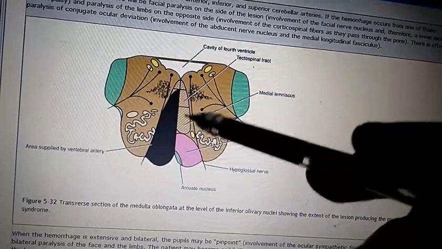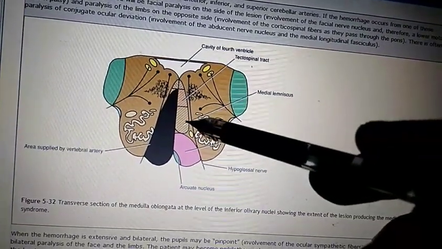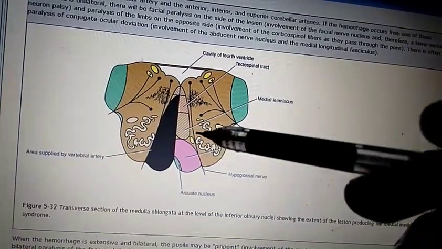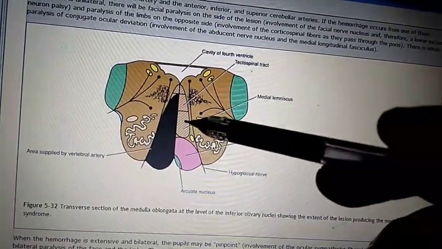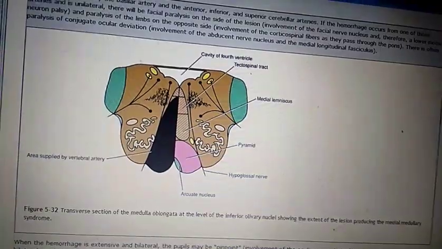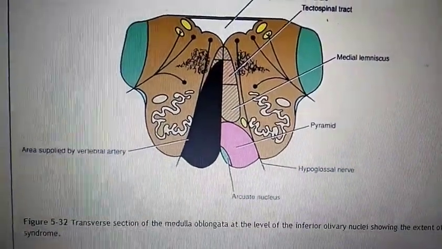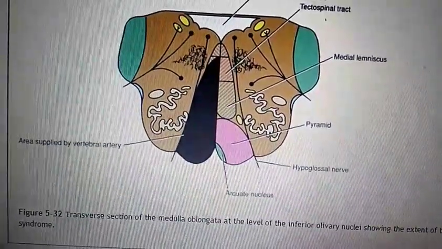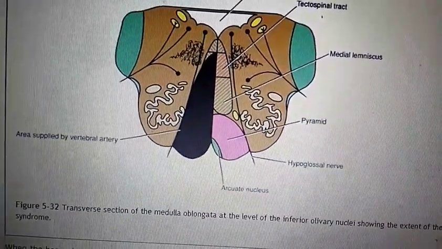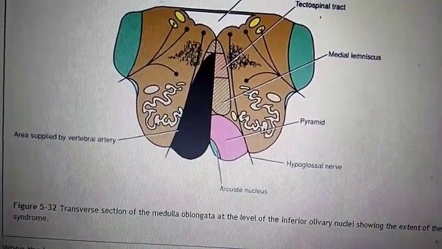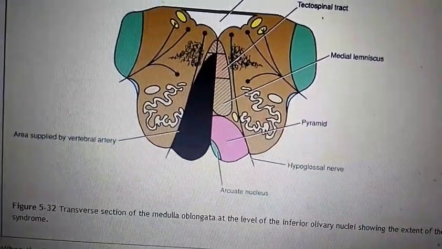And damage to medial lemniscus will lead to contralateral loss of the sensation of position, vibration, and tactile discrimination. Lateral medullary syndrome is also known as Wallenberg syndrome, and medial medullary syndrome is also known as Dejerine's anterior bulbar syndrome.